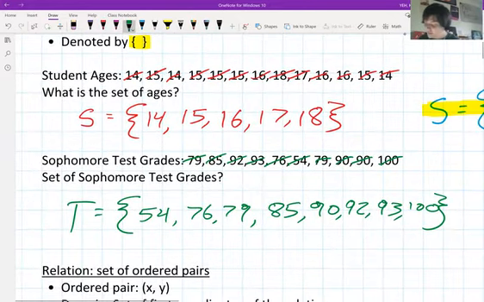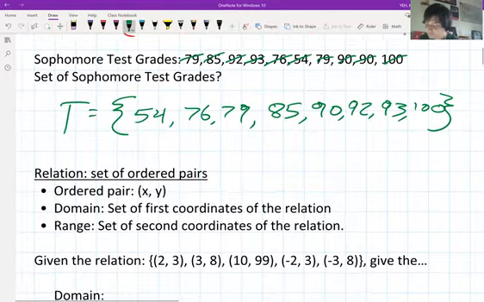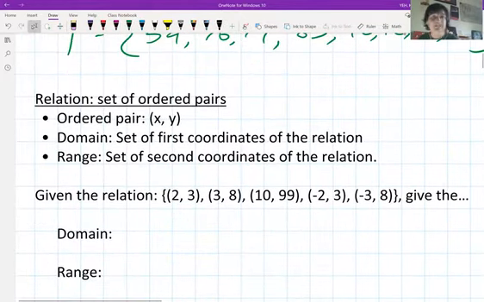So now that we've talked about what sets are, let's see why we needed to know what a set is. Well, because this next definition that's coming on the screen right now involves the word set in it. A relation, what is a relation? A relation is a set of ordered pairs. And if you don't remember what ordered pairs are, look at that first clarifying bullet point.